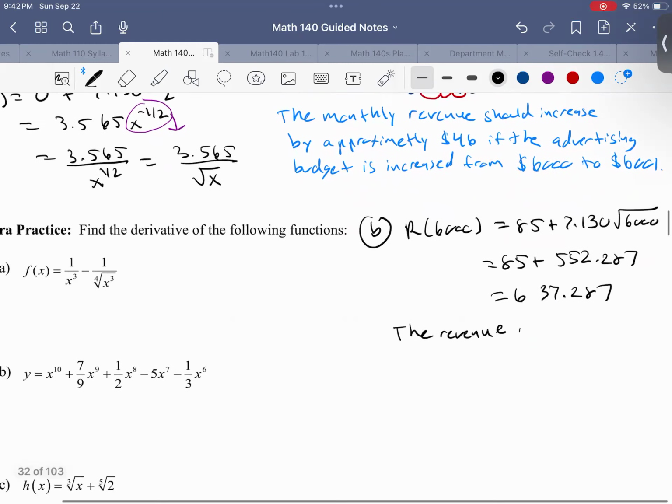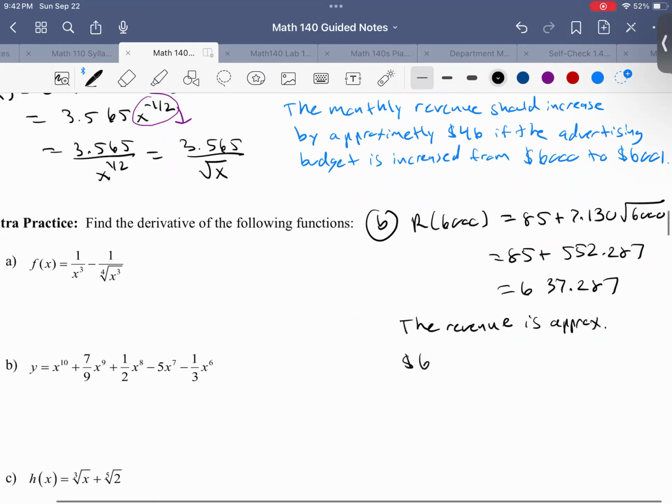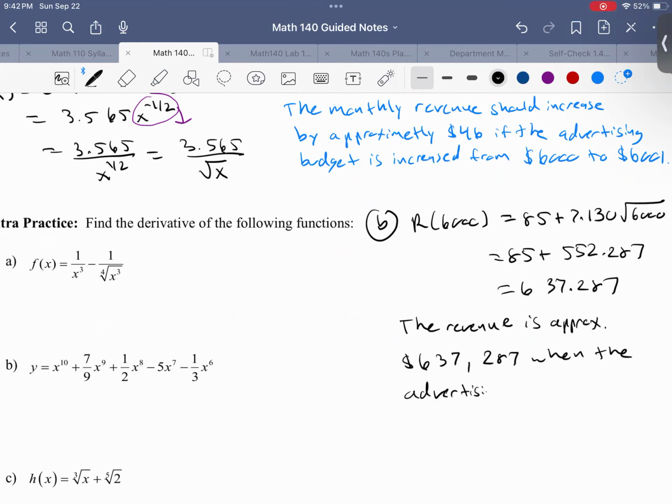So the revenue is approximately, I'm abbreviating a bit, $637,287 when the advertising budget is $6,000.